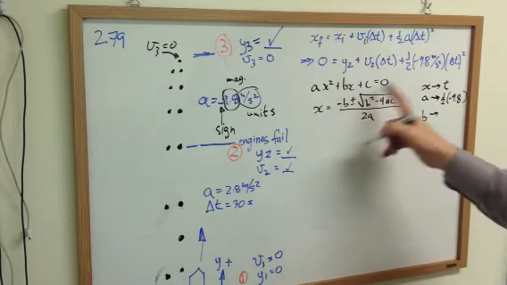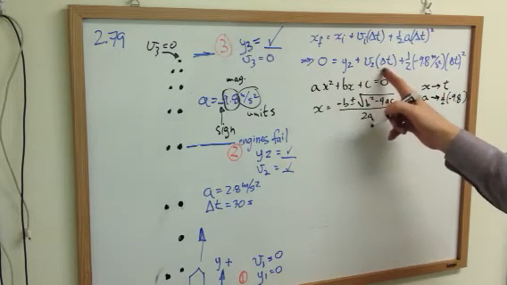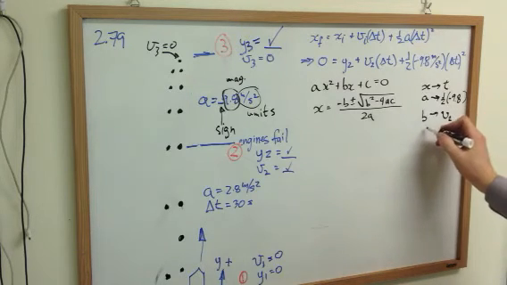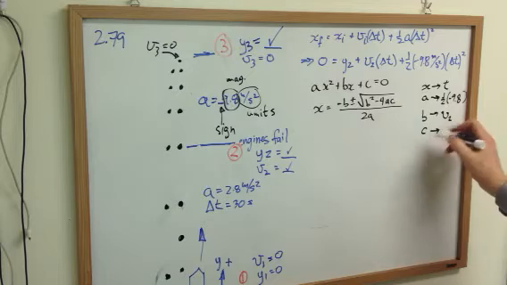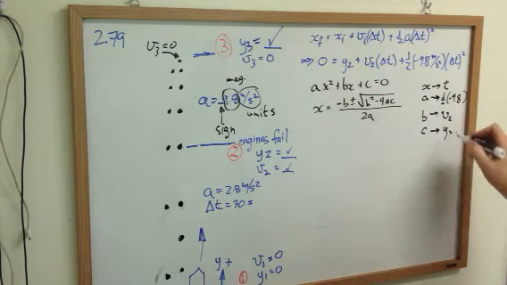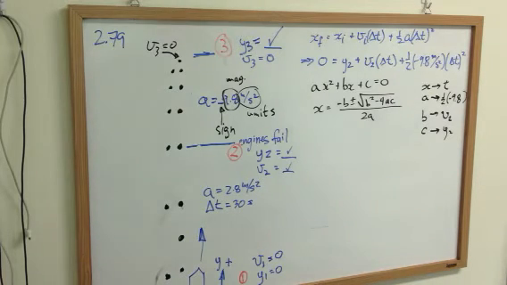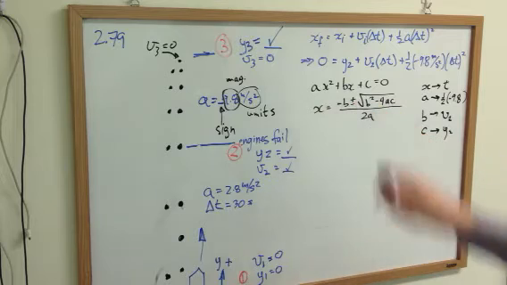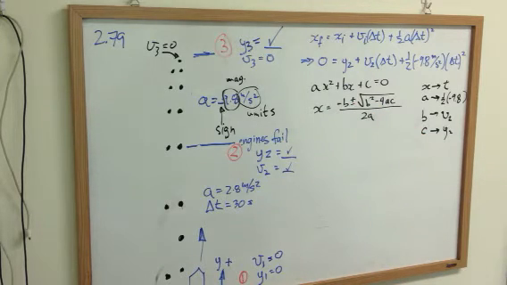B is the coefficient on x, which is v2. C is the lone term by itself, y2. You have to use the quadratic equation. One of these answers will be nonsense, the other answer will be the useful one.